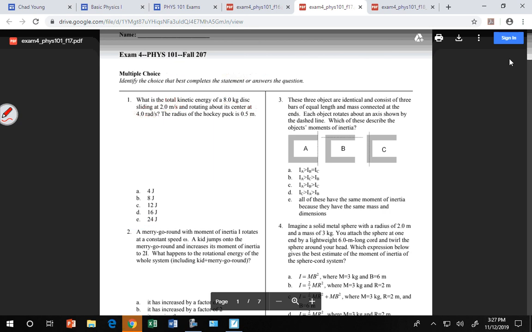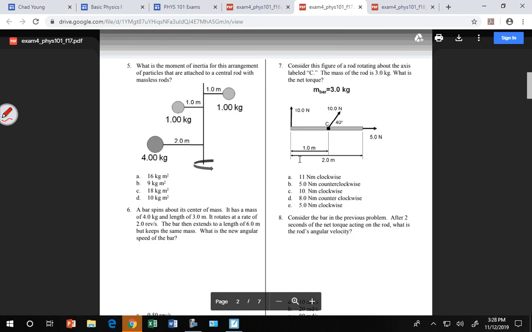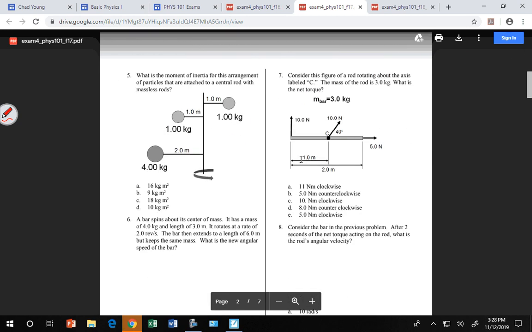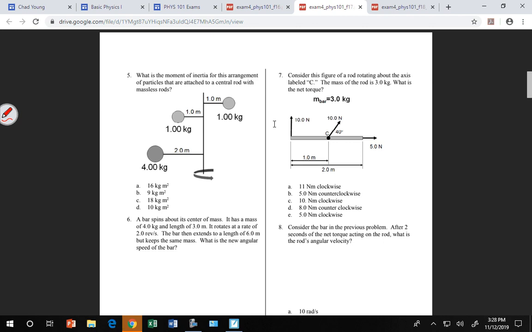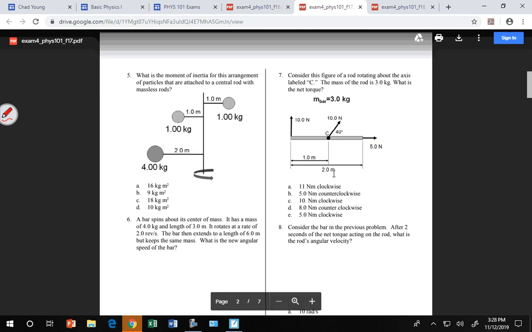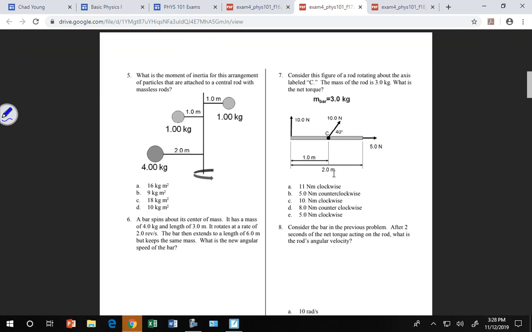All right. So here, like number 7, on this one, first of all, you identify the forces that don't cause a torque. That one doesn't cause a torque. And this one also doesn't cause a torque, right? Because it's not making it rotate in any direction. And then I like to put a pencil on my paper.